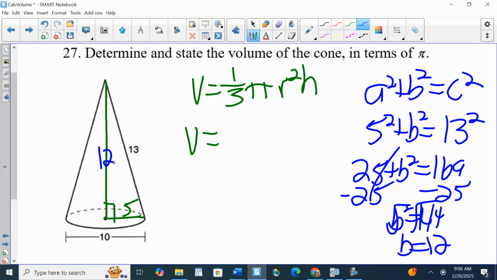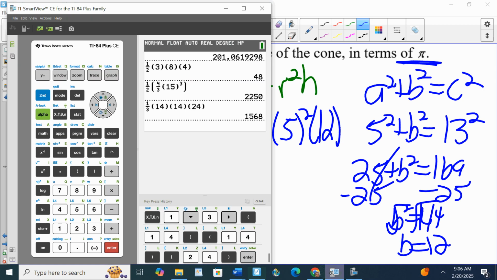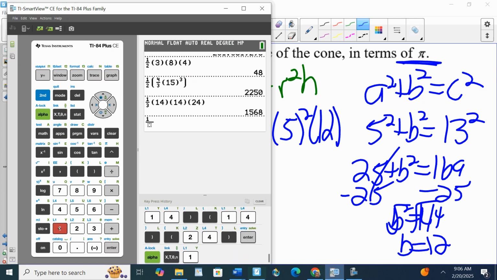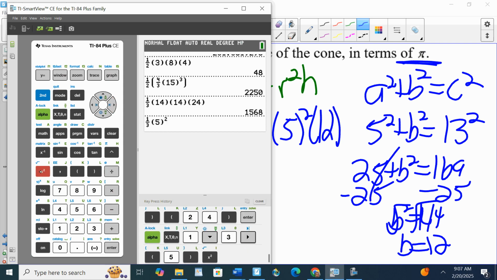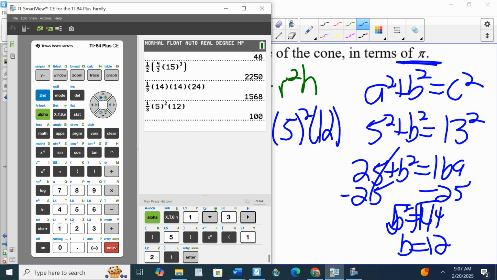Now that I have that, I substitute in, R is 5, H is 12. It says in terms of pi, so don't type pi in. 1/3, don't type pi in. 5 squared, 12, 100.